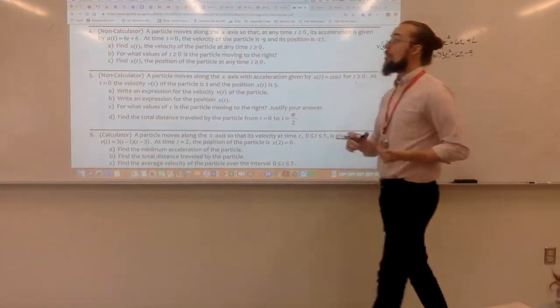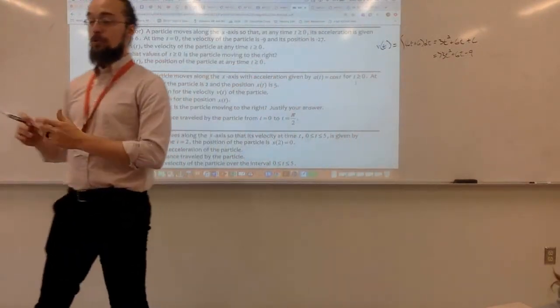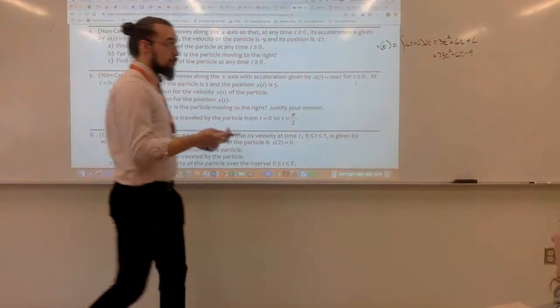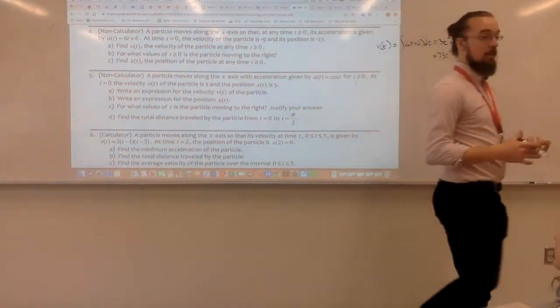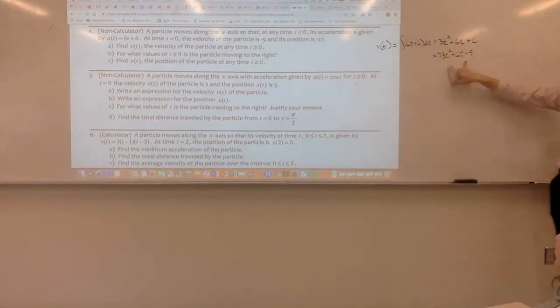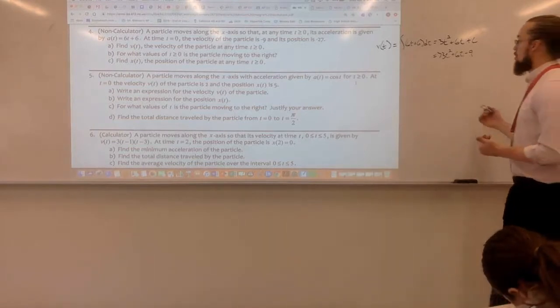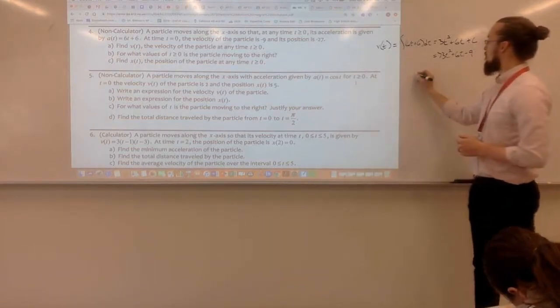Now, part B, for what values of t is the particle moving to the right? The particle is moving to the right whenever velocity is positive. Right? So, we would just want to make a sign chart. So I need to take my velocity function, set it equal to 0 to find my critical values. Put those on a number line, make a sign chart.